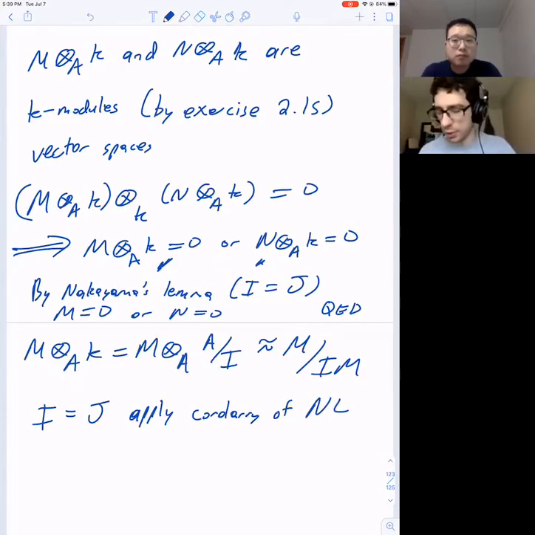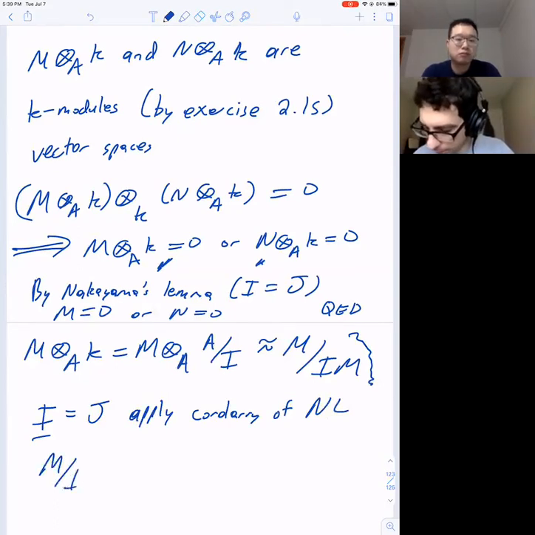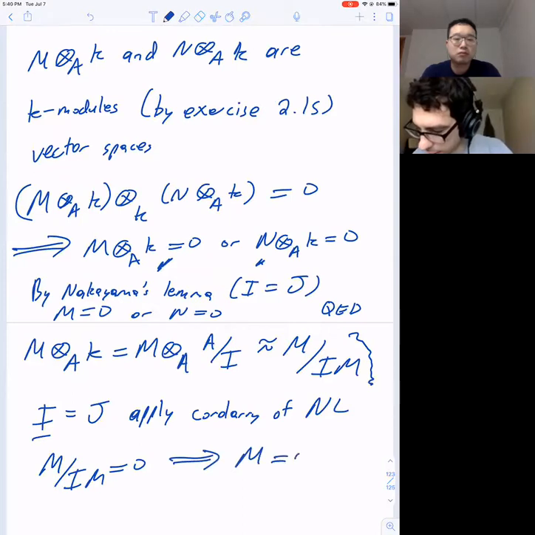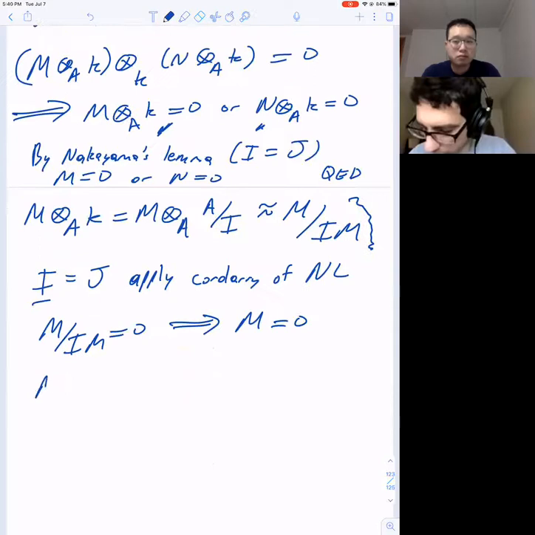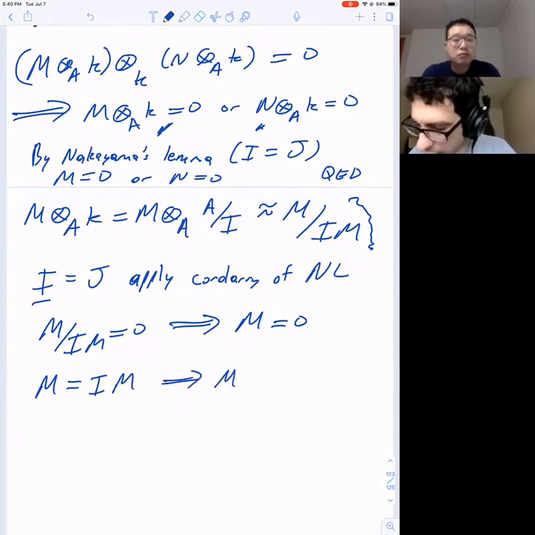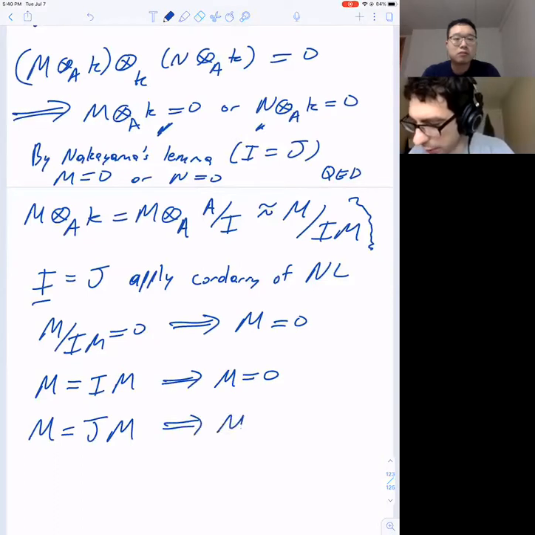So the pieces are all there. I is not just an ideal, it's actually the Jacobson radical. And then I want to prove this is 0 implies M is 0. So in other words, if M is IM, that implies M is 0. In other words, if M is equal to Jacobson radical times M, then M equals 0.